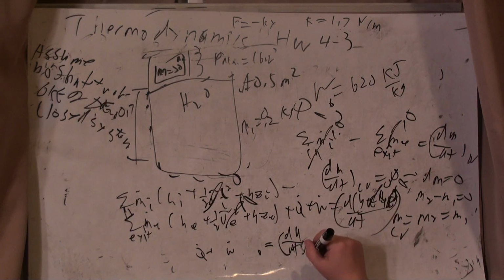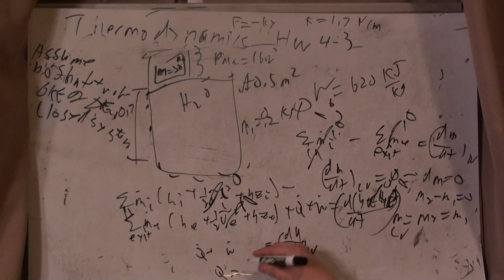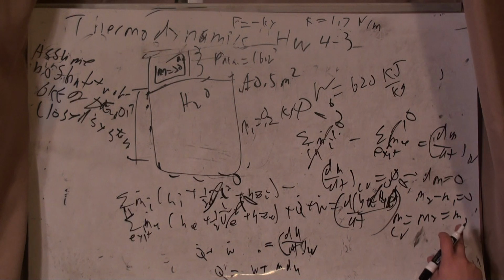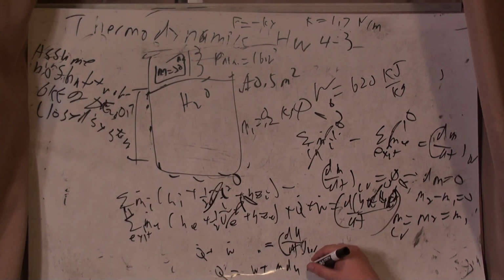But we're going to get rid of the time term, so we have Q equals work plus m dU, because my mass is constant. I can simplify it into that step. Okay, and again, assume that's pretty regular.